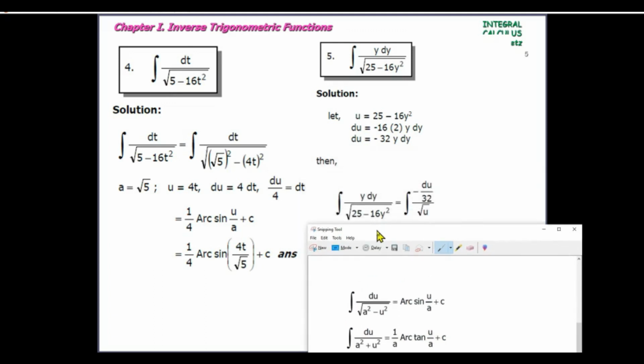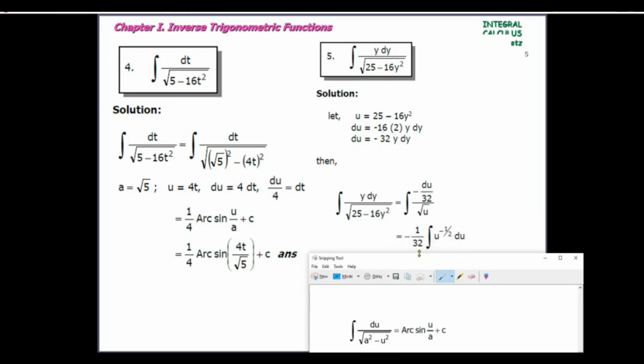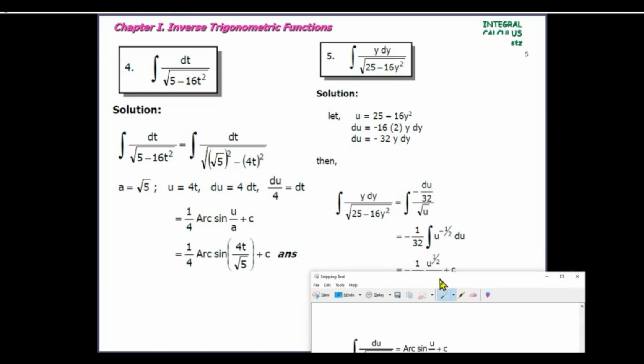Then substitute. So this will become y dy is negative du over 32, yung sinabi ko sa inyo. Then this one is square root of u na lang. So therefore, magiging negative 1 over 32 integral of u to the 1/2, pag inakyat mo sa taas, u to the negative 1/2 du.